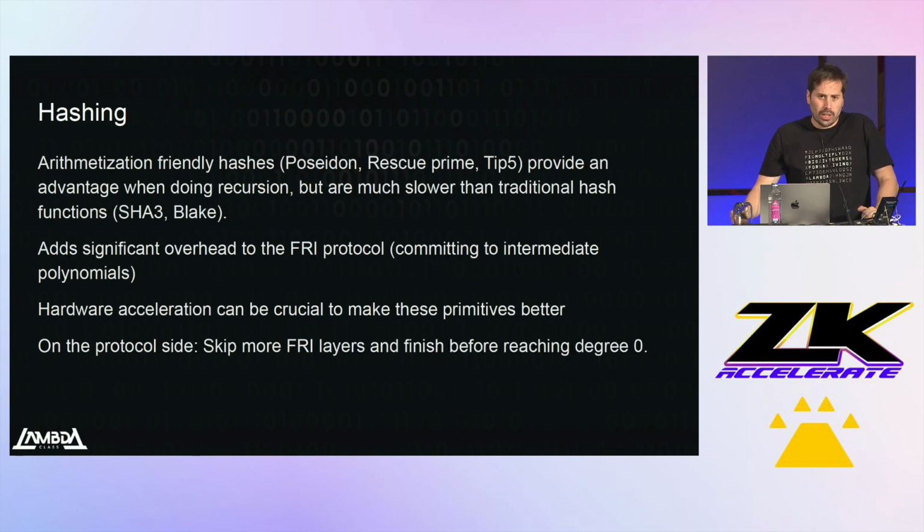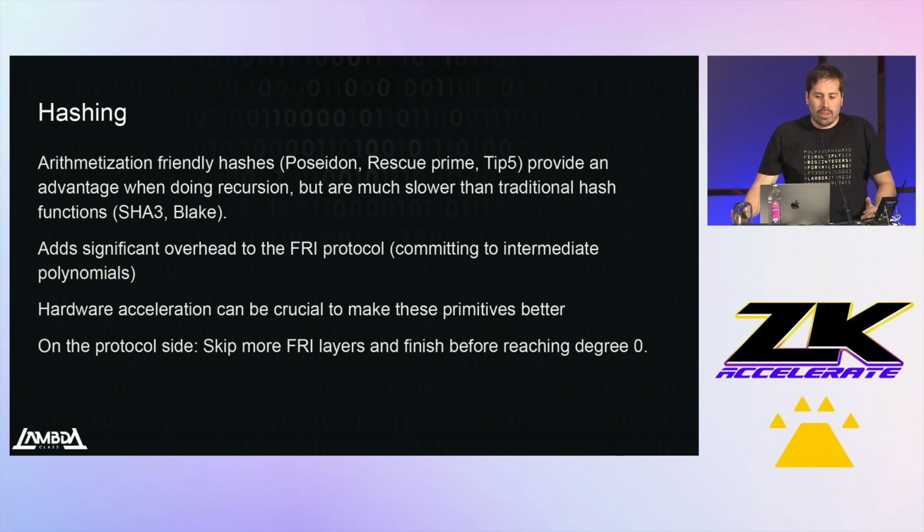As regards hashing, especially when we want to do recursion, we have to prove a lot of hashes. So one thing we would like is to use arithmetization-friendly hashes such as Poseidon or Tip5, but the problem is that these hashes are much slower than traditional hashes such as SHA-3 or Blake.